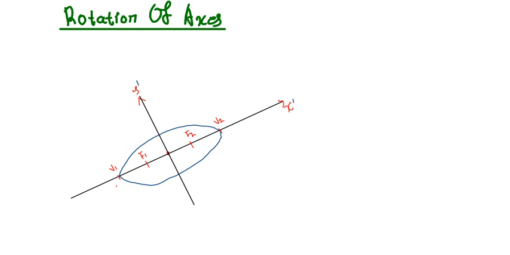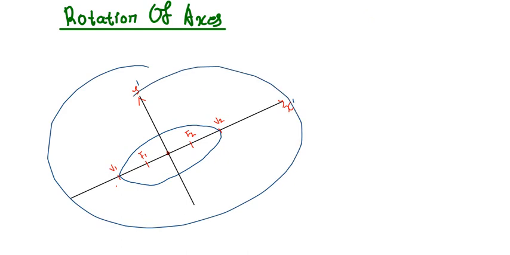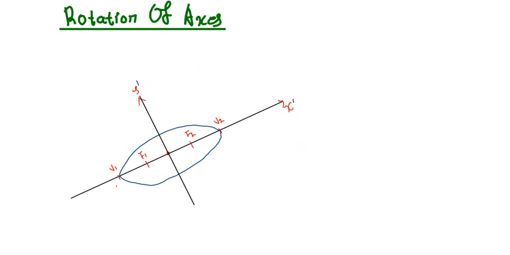So now rotating this is what we want to try to look at, but having in mind that we still have the original axis, which is our y and our x.